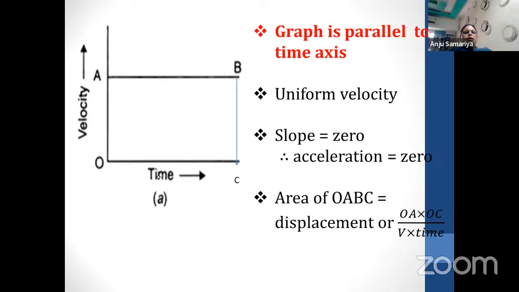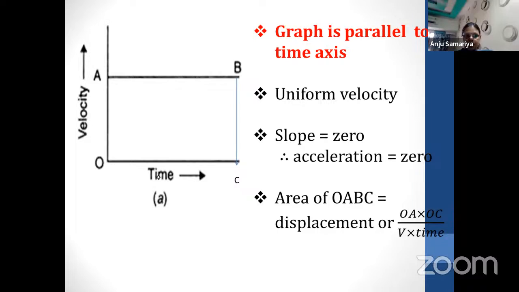Look here. In this velocity time graph, the graph is parallel to the time axis. That means the velocity is not changing. Is the body moving or not? Yes, the body is moving because it has a certain velocity.